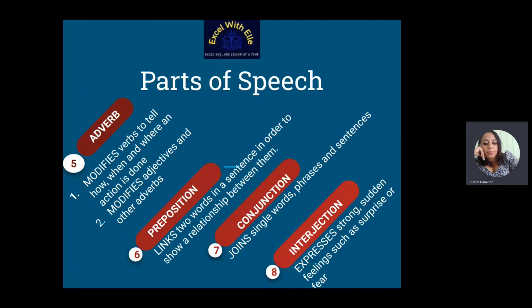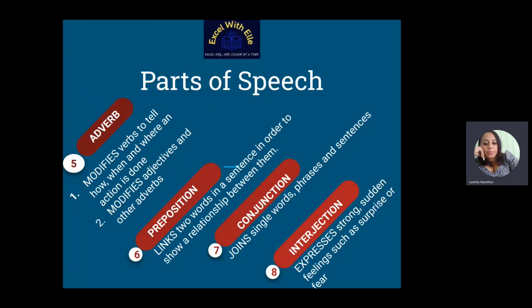So the next one we're looking at here is the adverb. So a word that modifies a verb. Remember I said a while ago, you can think of the word modify as meaning to add to. So I like to say to my students, whenever you hear the word adverb, take its meaning literally, in that it adds to the verb.